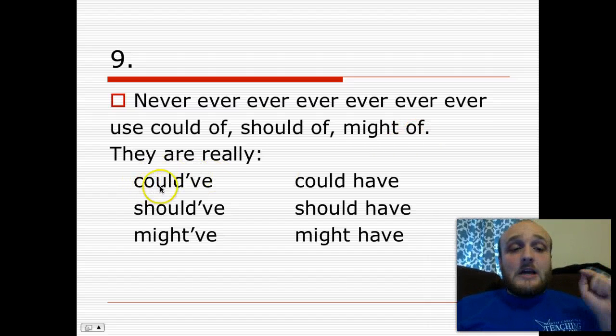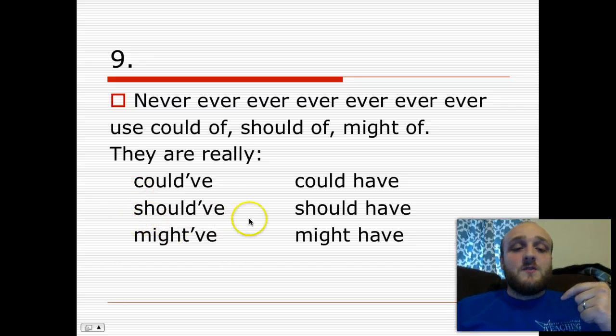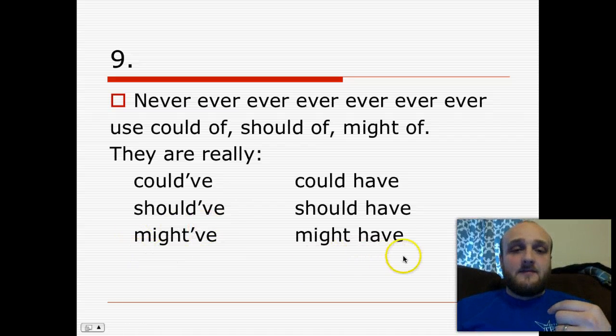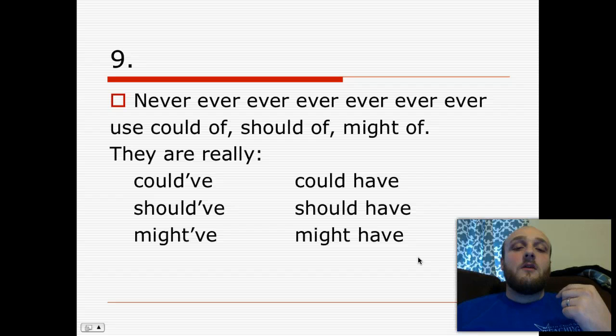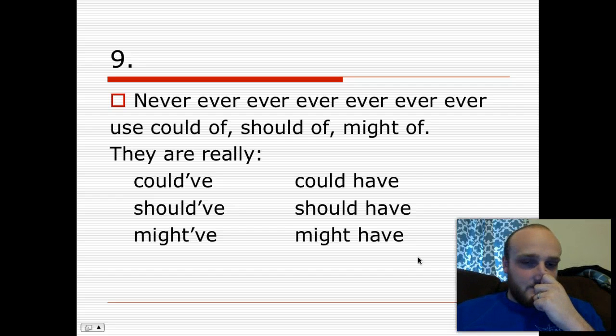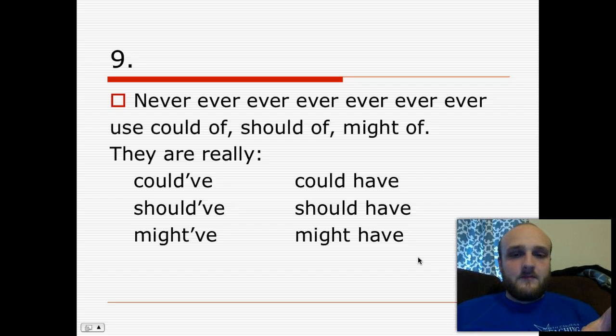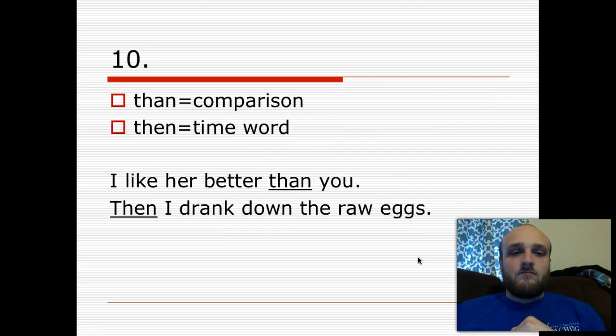These are really could've, C-O-U-L-D, apostrophe V-E, which just means could have, okay? Should've, or should have, and might have, which means might have. Okay? These are conjugations of these two words. Okay?